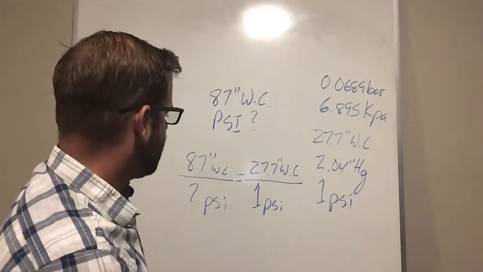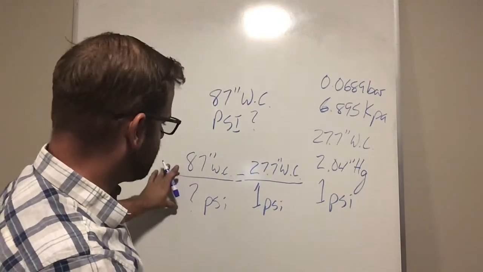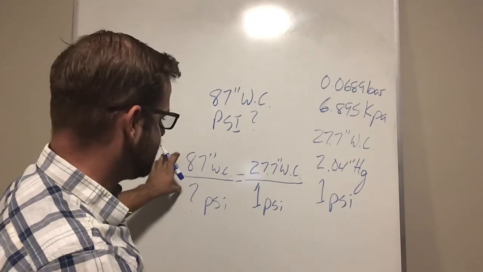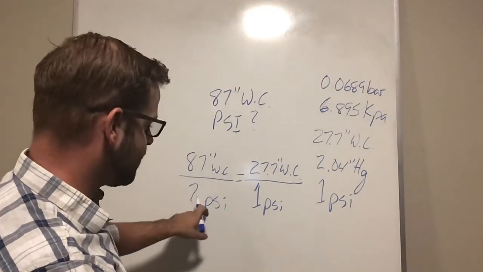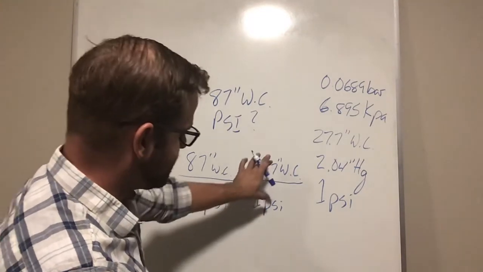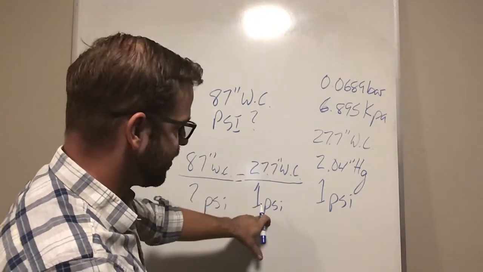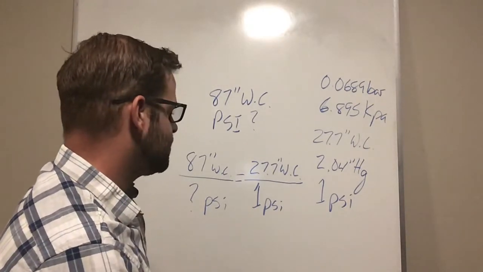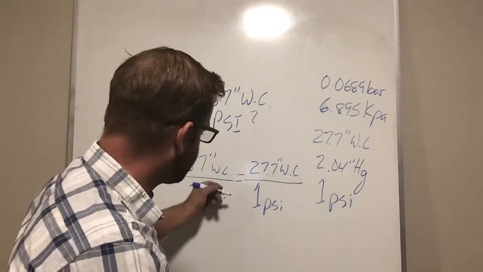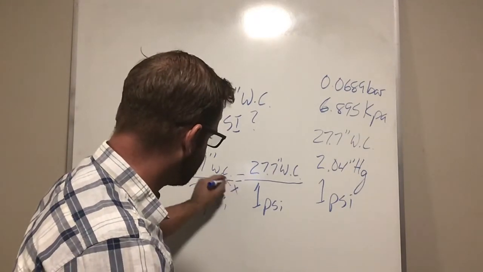So this ratio has to be equal to this ratio because I'm asking what the equivalent amount is in psi, and this is the equivalent psi if I only had 1 psi. So what you do here is I cross multiply. Maybe this will make sense.